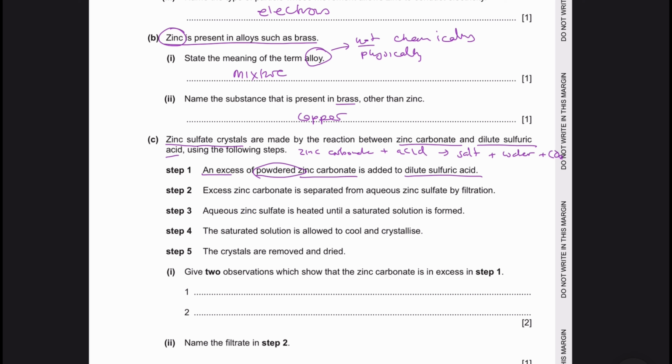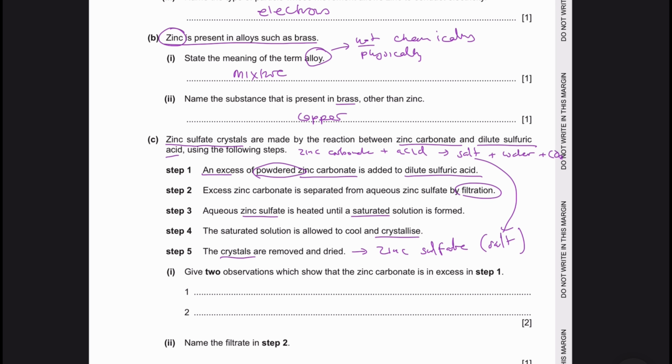Excess zinc carbonate is separated, so using filtration, exactly. Aqueous zinc sulfate is heated until saturation. The saturated solution is allowed to cool and crystallize. The crystals are removed and dried. They've made crystals which are zinc sulfate, which is our salt.